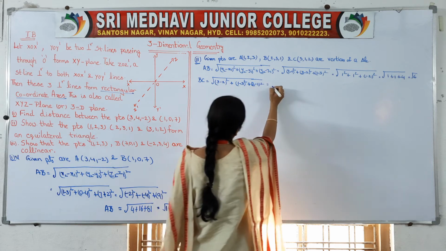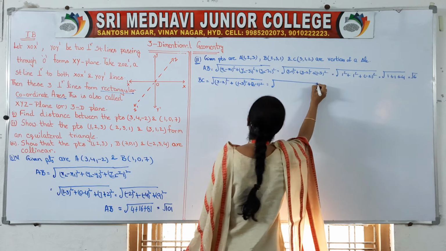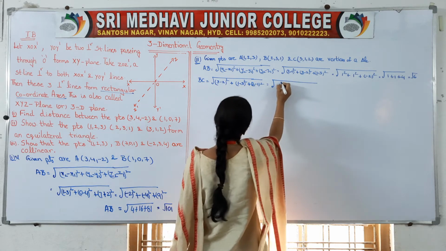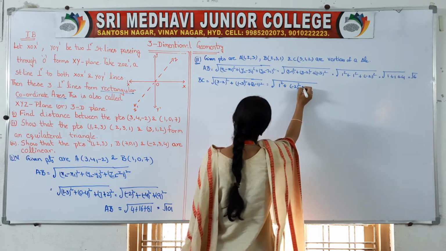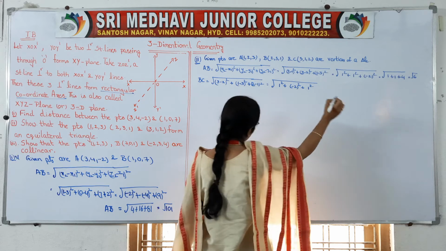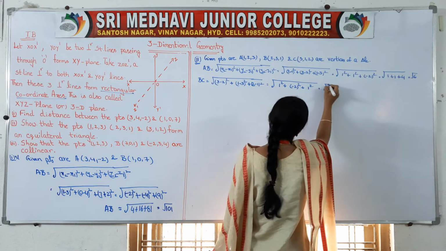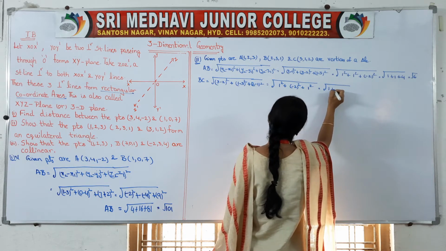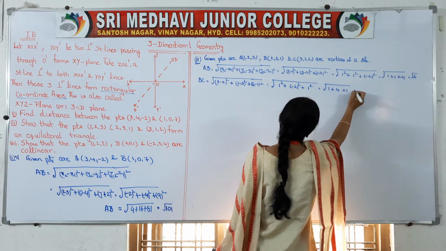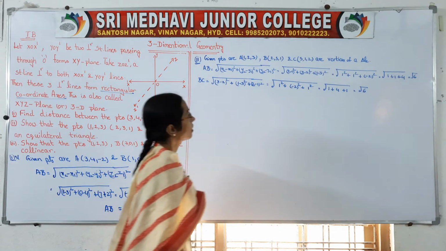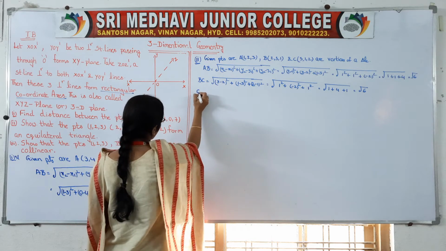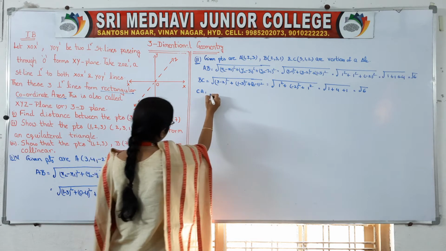So this is 1 square, minus 2 square, 1 square. So it is root of 1 plus 4 plus 1, which is root 6.